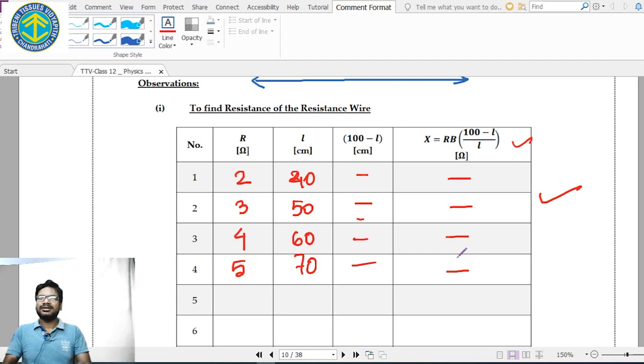Now another part of this experiment is to find the cross sectional area, and then the resistivity of the sample wire. What is the sample wire?